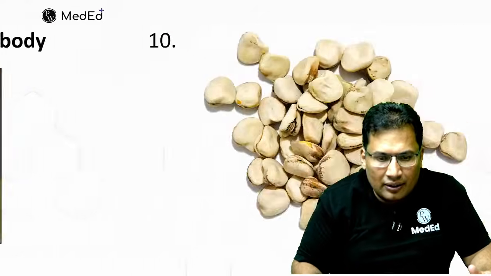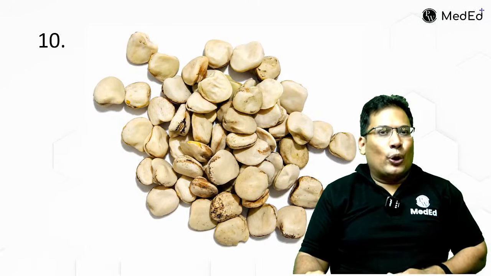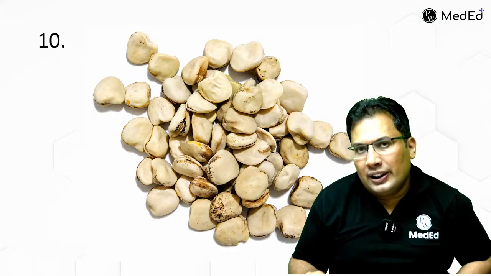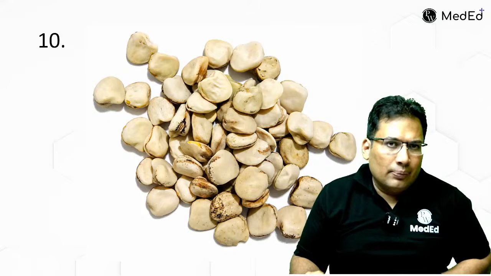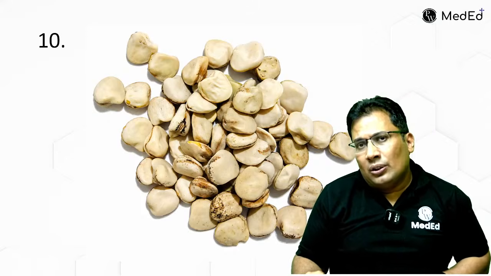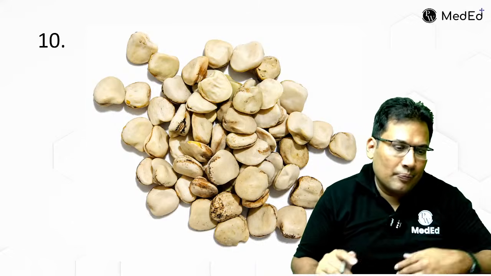That's great. Now look at these seeds. Again, these are all very poisonous seeds. So these seeds are usually mixed with the moong dal, mixed with the dal. So as a part of the food adulteration, it can lead to neurotoxicity.